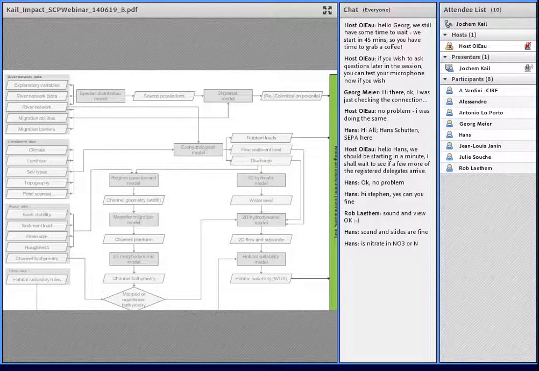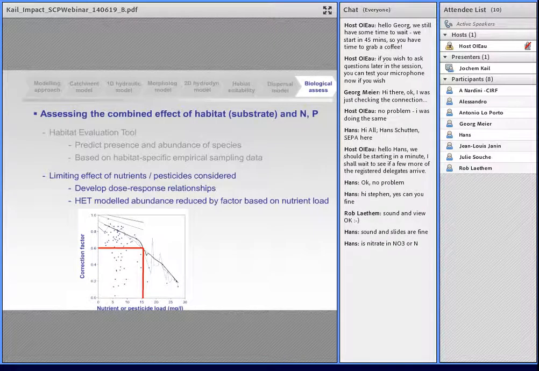So finally, after having modeled the habitat suitability, the recolonization potential, and the nutrient loads, we tried to find a way to combine this information to do a kind of assessment of which of these factors are more important. So for the invertebrates, we found a quite straightforward approach to combine the water quality aspects and the habitat suitability. We simply used so-called dose-response relationships.